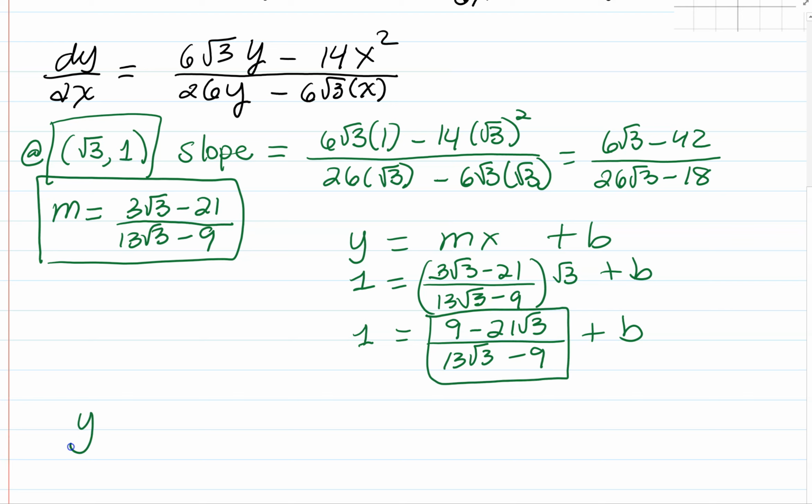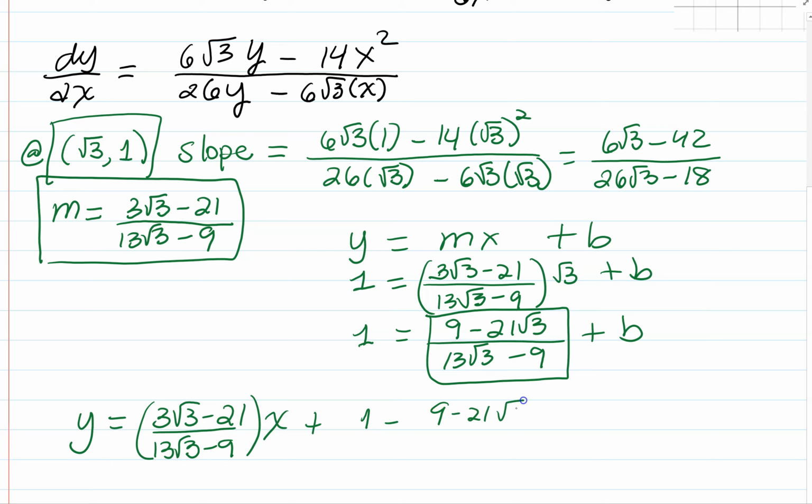So the equation of the tangent line is y equals, slope would be 3 square root of 3 minus 21 over 13 square root of 3 minus 9 multiplied by x, plus 1 minus (9 minus 21 square root of 3) over (13 square root of 3 minus 9).